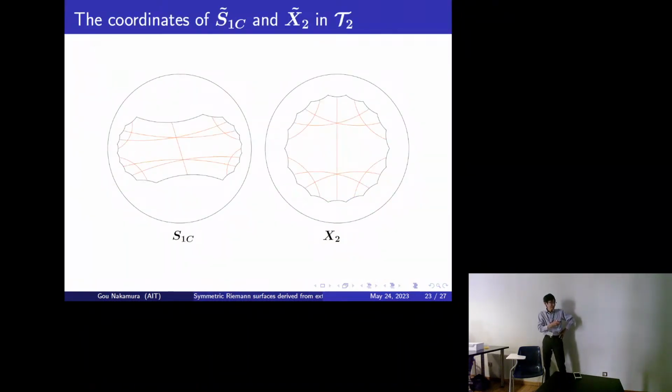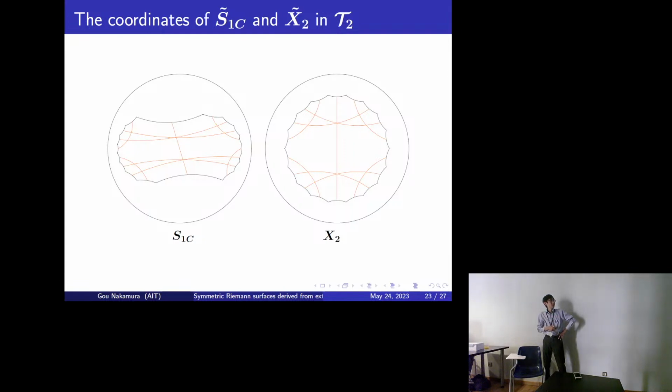The right side is the hyperbolic polygon of S1, S1C that appeared before. And X2 also appeared. This is the extremal Riemann surface in genus 2.